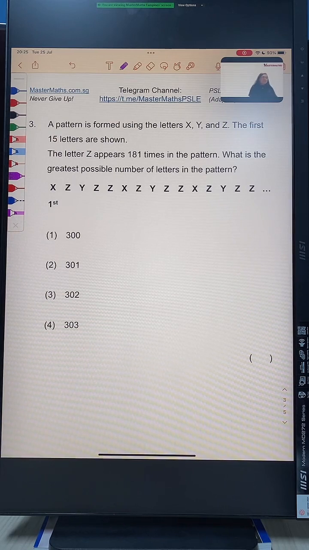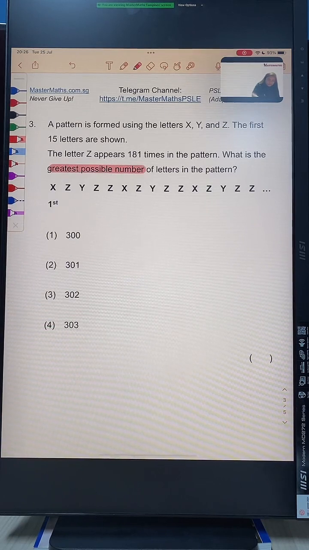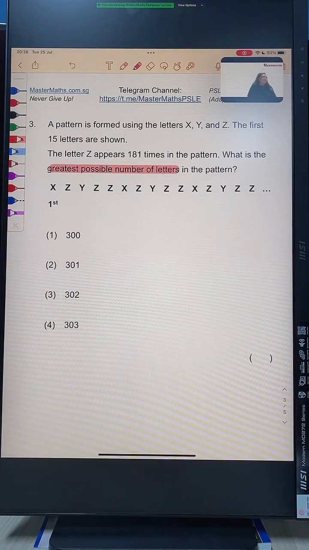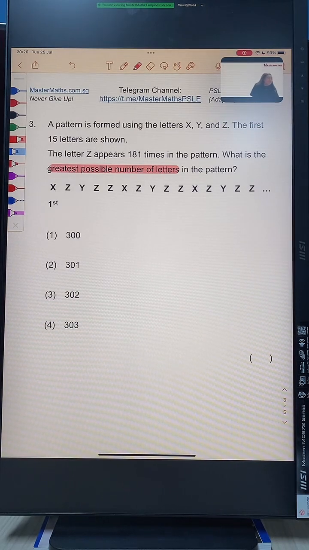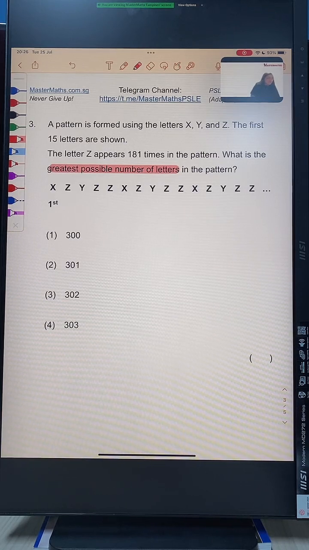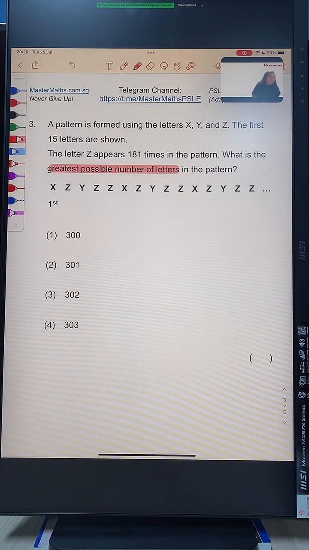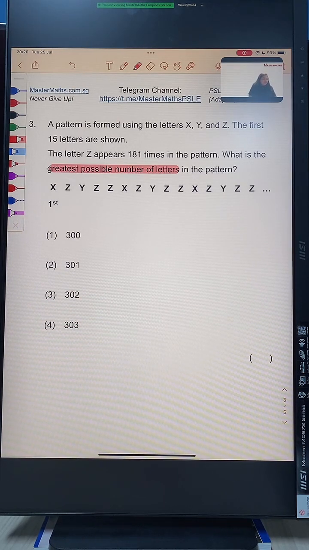The question is asking for the greatest possible number of letters in the pattern, given that the letter Z appears 181 times. Please try this question now. We will go through in about 5 minutes time.